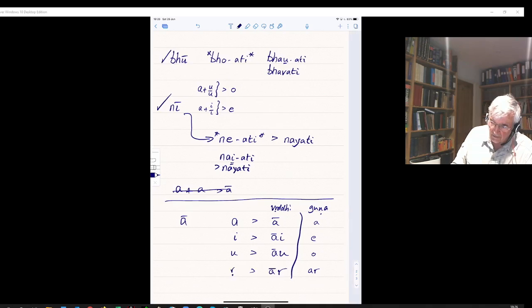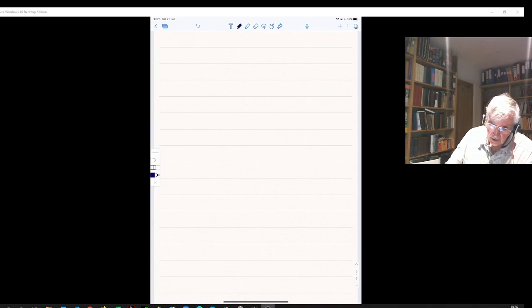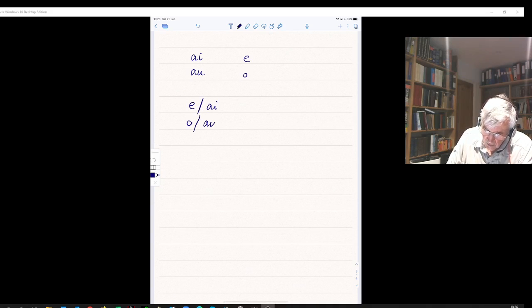Now in Sanskrit, then, we have these diphthongs, ai and au, but they do not exist in Pali. We have an E and an O in Pali. So in Sanskrit we have E and ai, and we have O and au.